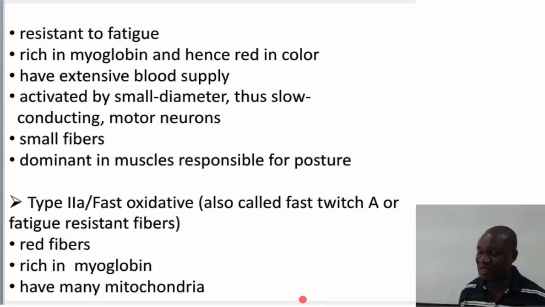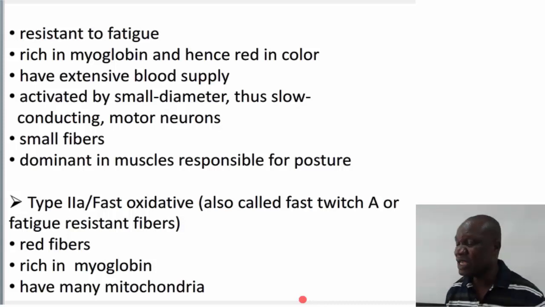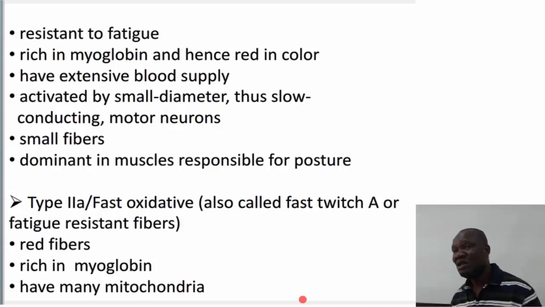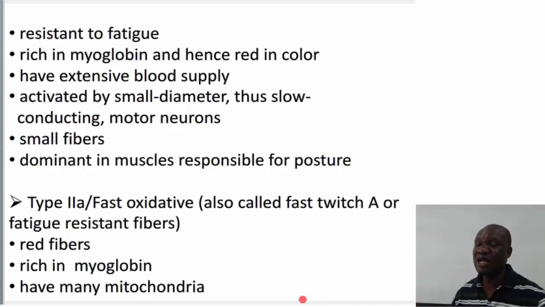Then, this type 1 or slow oxidative muscle has an extensive blood supply because it needs to be supplied with blood, which contains oxygen, to ensure effective oxidative phosphorylation.